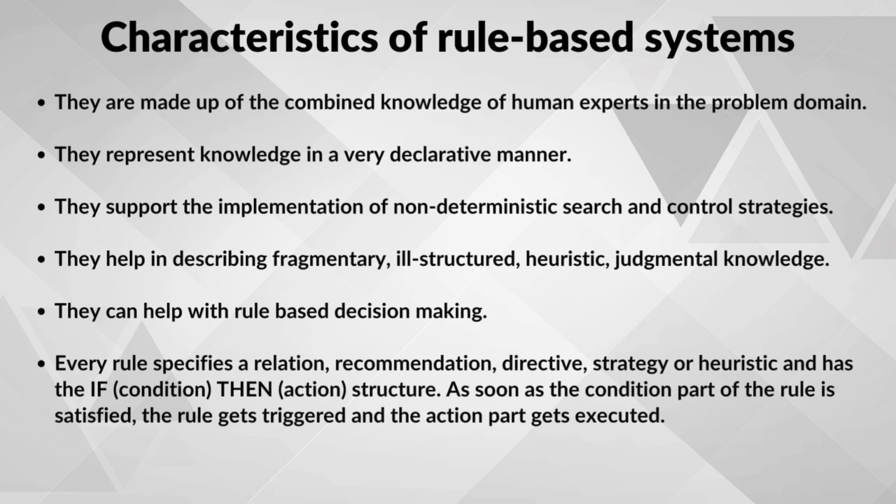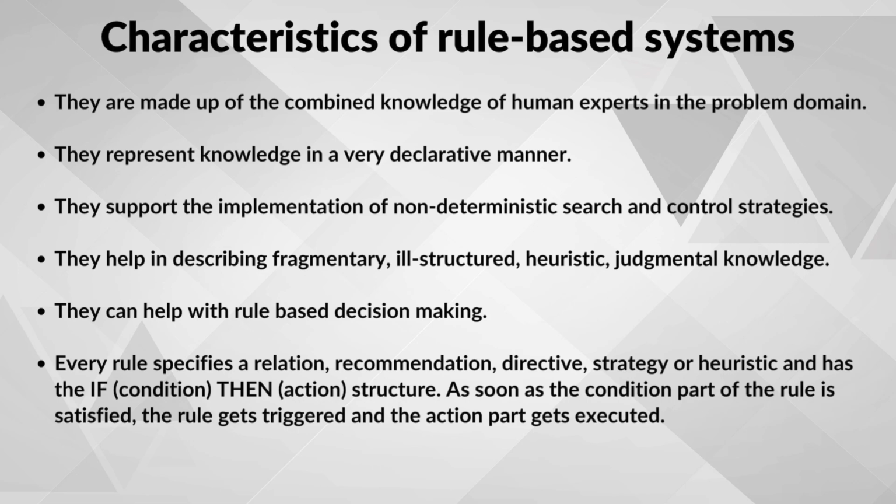The third characteristic of rule based systems is non-deterministic search and control. A rule based system can accommodate non-deterministic search and control strategies. This means that when multiple rules are applicable, the system can determine which rule to prioritize based on predefined criteria.